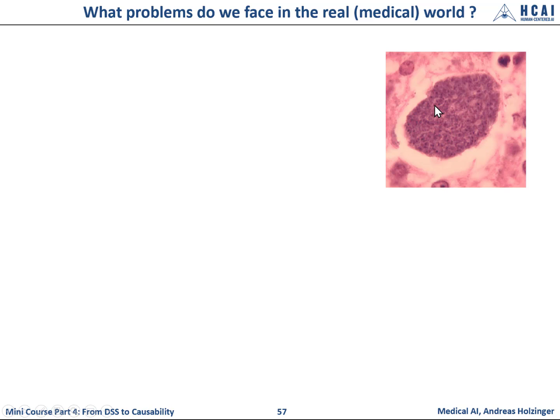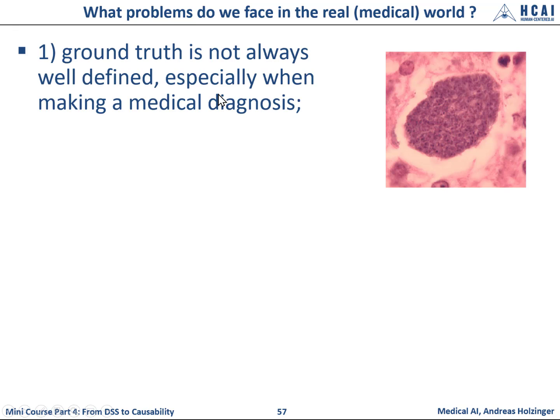So the fact is that medical AI is currently extremely successful. Think of our success example in lecture 1. And some AI even reaches human level performance. However, in the real world, we are facing these challenges, for example, and we want to contribute to this with ongoing work.